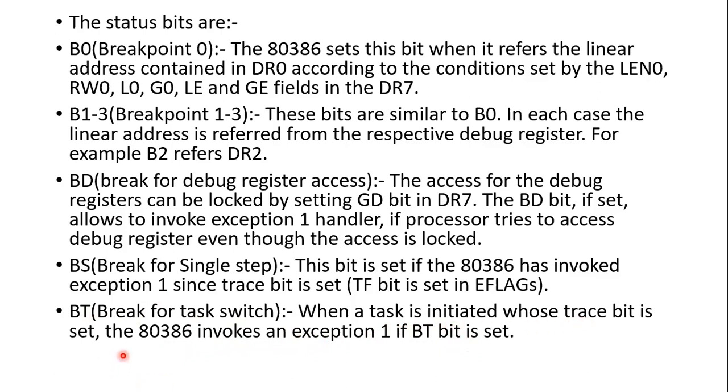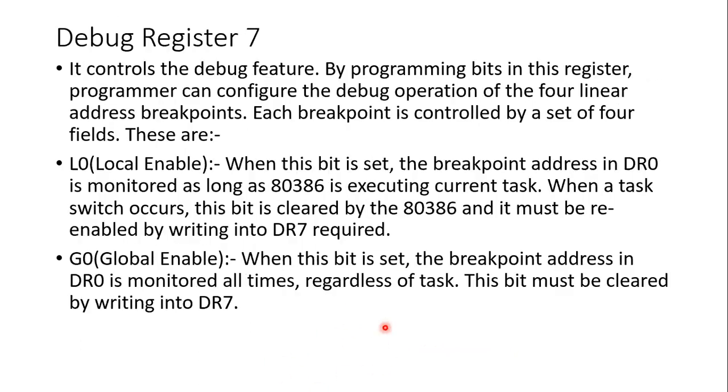Trace bit means you are setting a trace bit in order to trace or track the flow. Then the 80386 will invoke the exception 1 handler if the BT bit is set to 1. Just keep in mind, when the BT bit is set to 1, exception 1 is invoked.